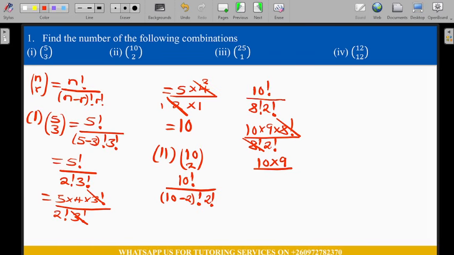We can evaluate 2 factorial as 2 times 1. Then 2 into 2, that's 1. Then 2 into 10, we get 5. Now 9 times 5, we get 45. So this becomes the answer for part 2.